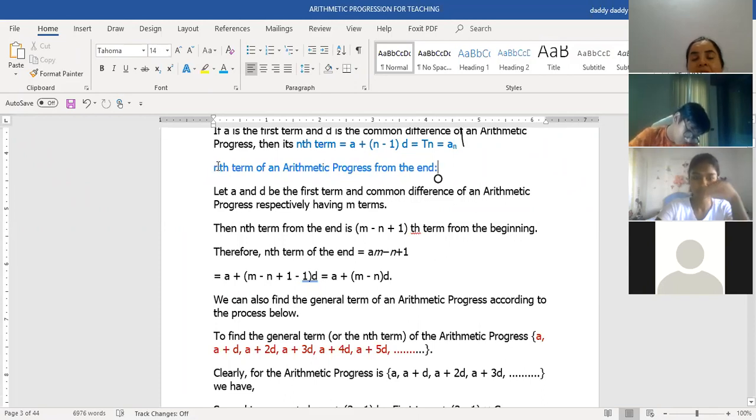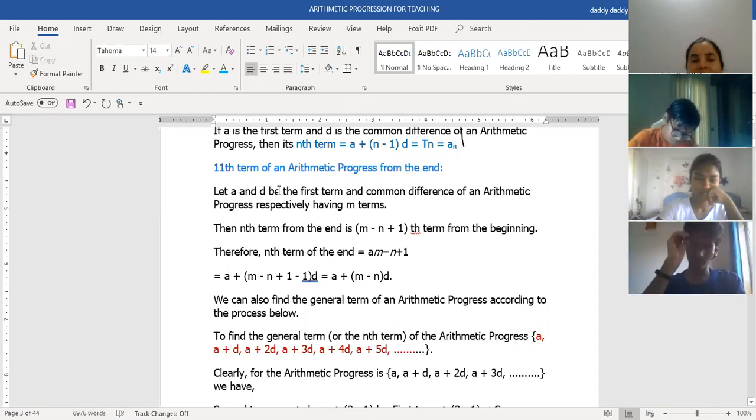Let's assume that there is a series and I want to find out the 11th term. So in place of n, assume that it is the 11th term from the end. Let A be the first term and D be the common difference. I'm not going to change that. And let's say that the series has m terms.